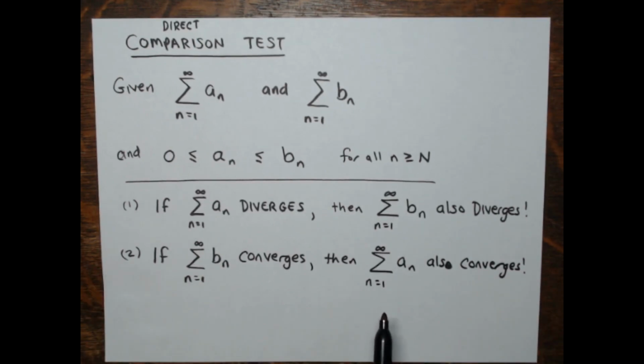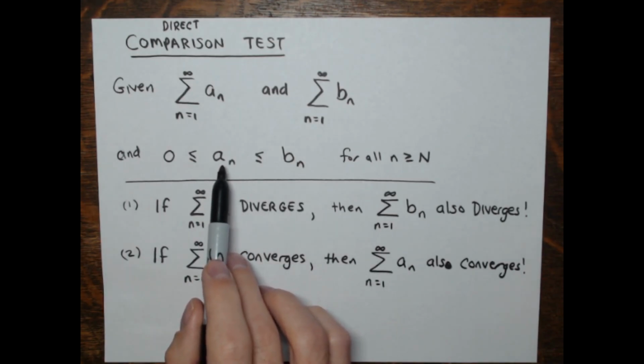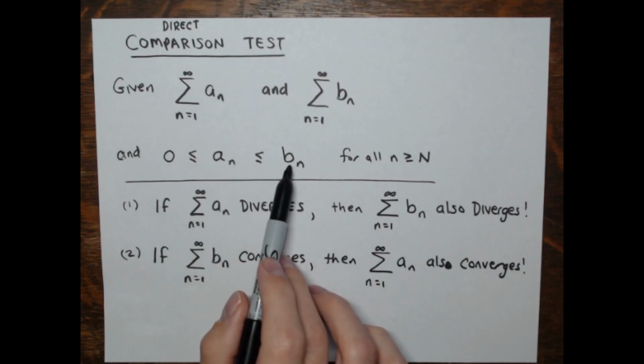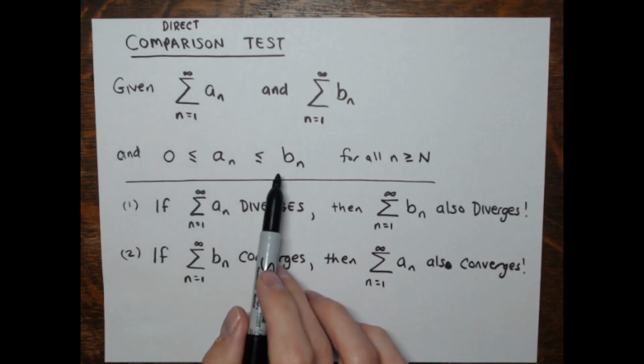That's it. Now you've got to be careful, all right? If the smaller series converges, you really can't say anything about the larger series, because it could be too large where it diverges, or it could be small enough, close enough to A, where it converges, but you can't tell.